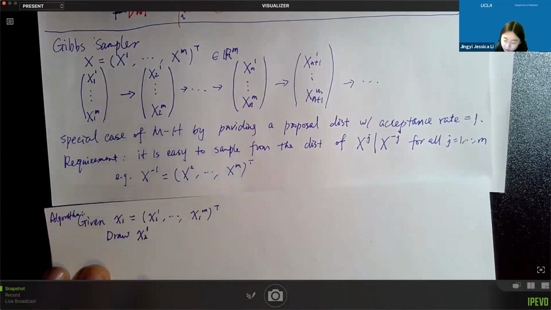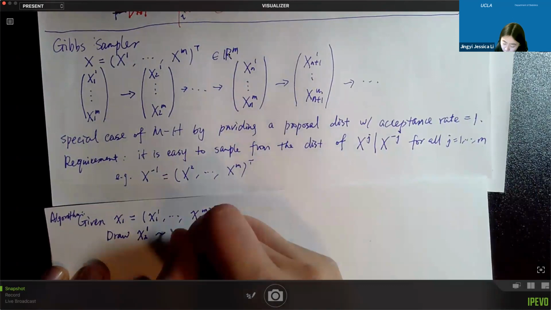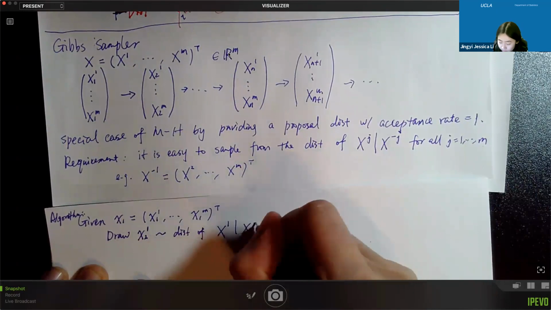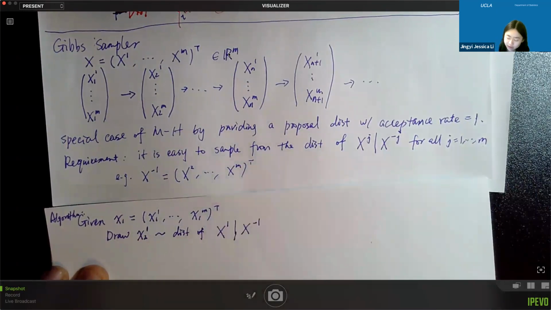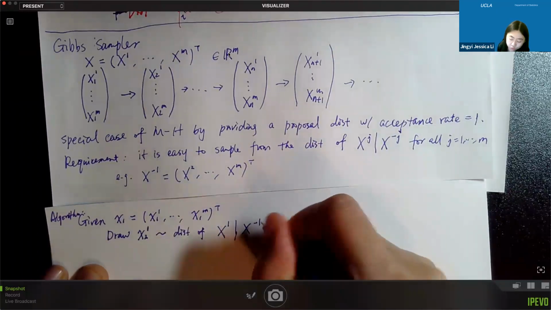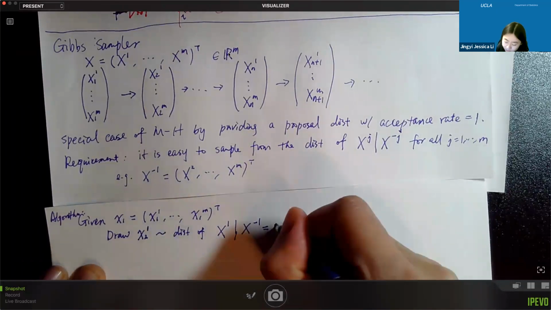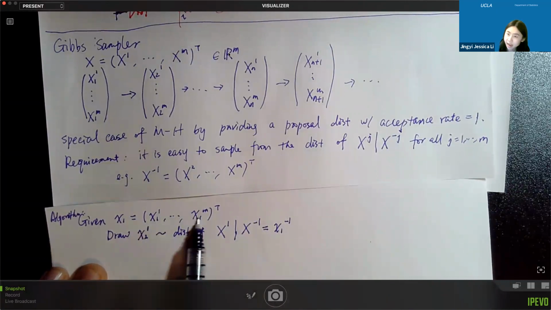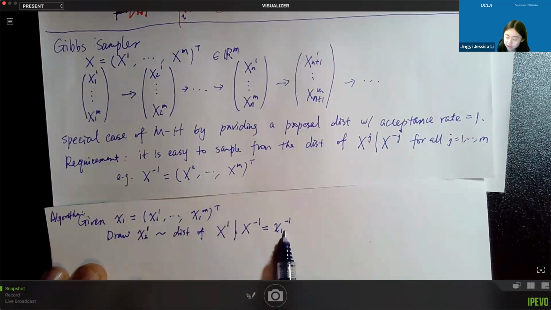We are going to sample it from the distribution of x1 given x minus 1. Okay, so I'm going to draw a value from this distribution, and for the x minus 1, I'm setting their values to what I have, to x1 minus 1. So this means that this is a random vector with m minus 1 dimensions, and I'm conditioning that it equals the realization I currently have with the first dimension removed. So this is just equal to x12 to x1m. So I want to sample from this distribution.